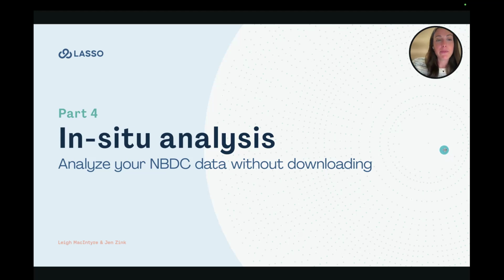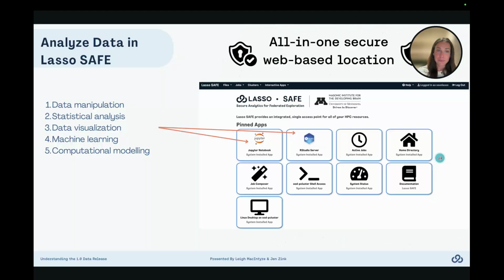So now that maybe perhaps you are interested in analyzing large amounts of data that you don't want to download to your local machine in a CSV file, for example, we offer an in situ analysis option, which allows you to analyze your NBDC data without download to your local machine.